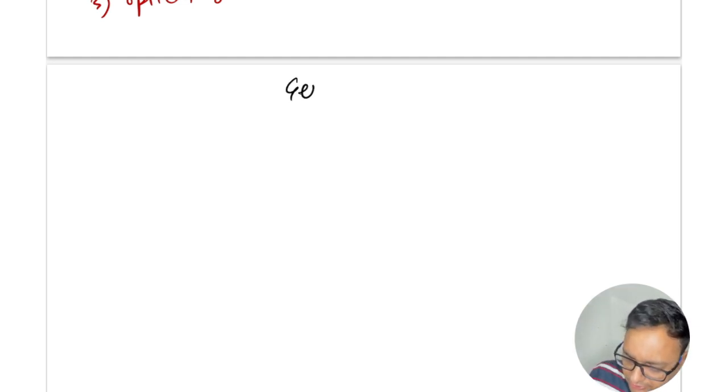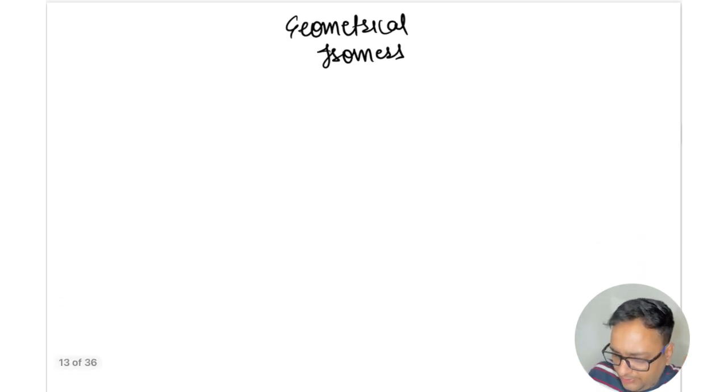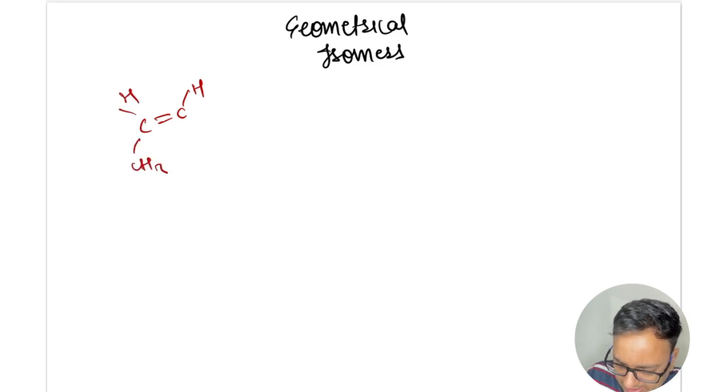Now, first of all, we're going to talk about geometrical isomers. What are the geometrical isomers? Let's say we have a compound C double bond C H. Here we have H, here we have CH3, and here we have CH3.